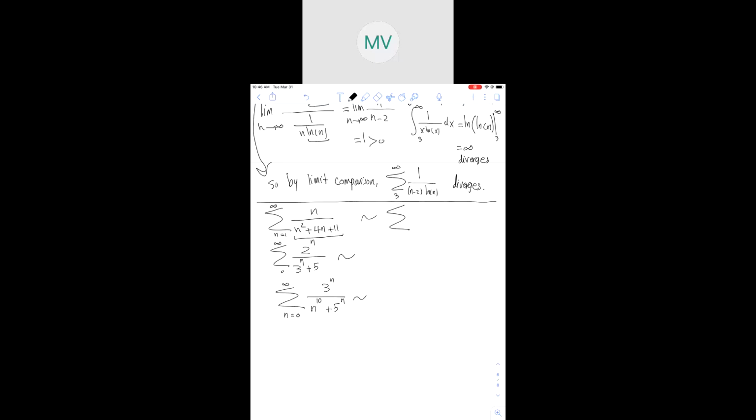For large n values. So basically, you compare the denominator by n squared, and with the numerator, it's n over n squared, so you end up with 1 over n. Okay? And you can do limit comparison. This one diverges. The original one diverges as well. All right, second one. What do you compare the second one with?